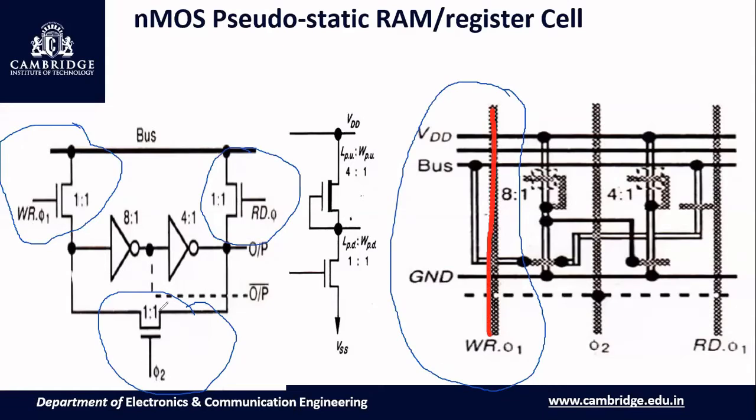This is another pass transistor which has control of phi 2. And here you have one more pass transistor which has control of RD.51. Can you make out? So there are three pass transistors.